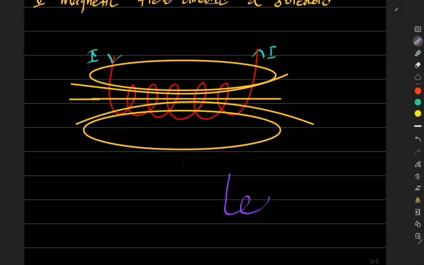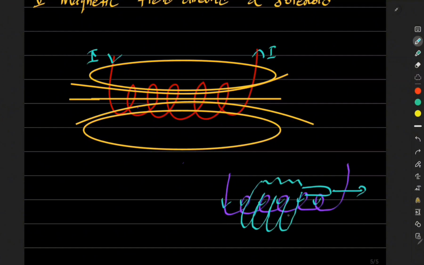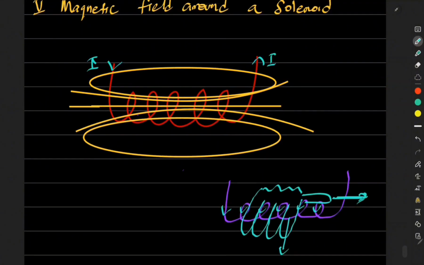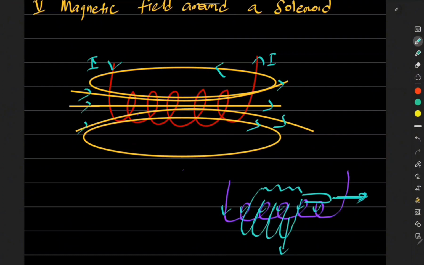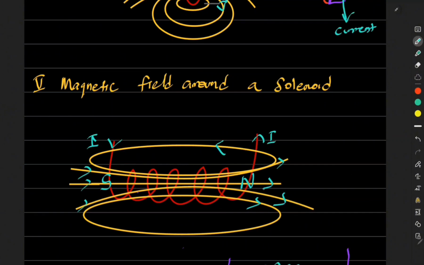I'll draw a solenoid here. This is the direction of the current, and the thumb will point in the magnetic field direction. And these are the directions of the magnetic field. Which side is the north pole? The magnetic field starts from the north pole and ends at the south pole, so here it ends at the south pole and starts at the north pole.